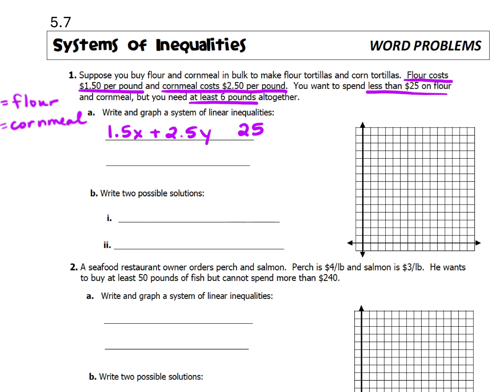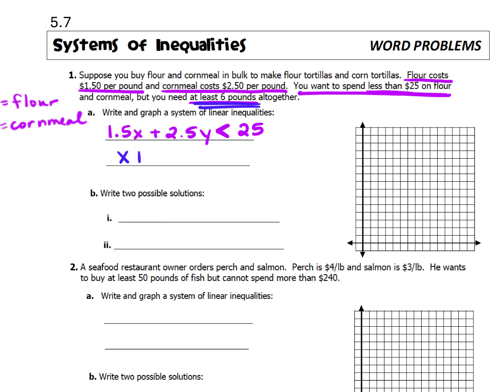Okay, now read what it says. You want to spend less than $25. So what symbol is going to go there? Less than. That amount should be less than $25. So that's one inequality that you're going to write. The other inequality is going to deal with the weight of it. Sanaya, what'd you say for that one?